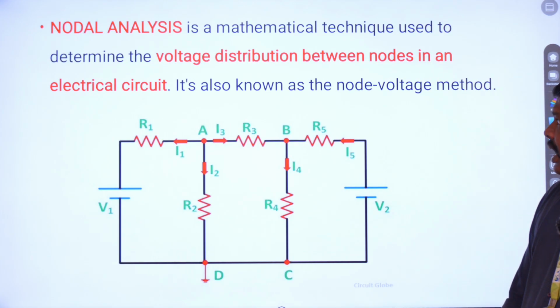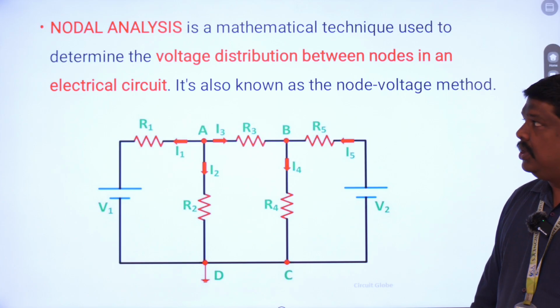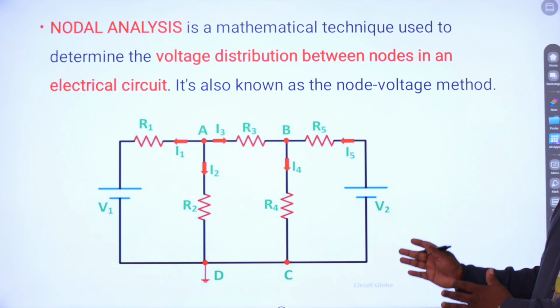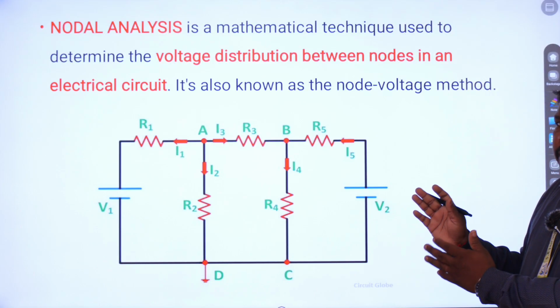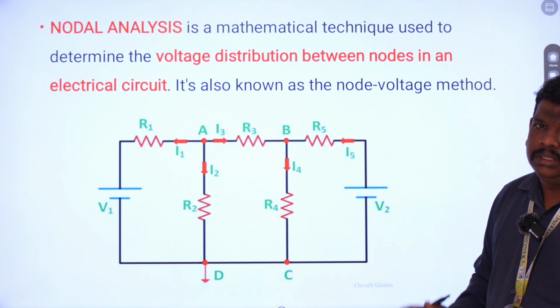Next, nodal analysis. Now we can discuss the topic of nodal analysis. What is the purpose of nodal analysis? It is used to determine the voltage distributions between the two nodes in electrical circuits.